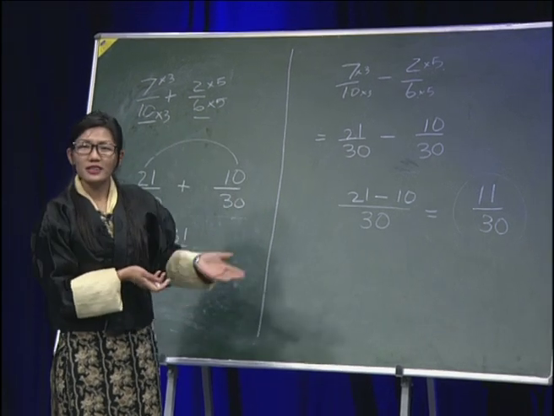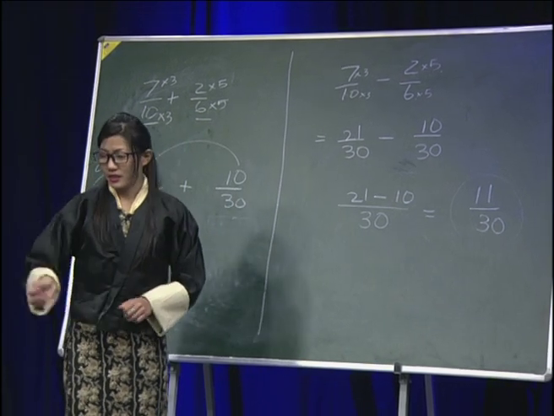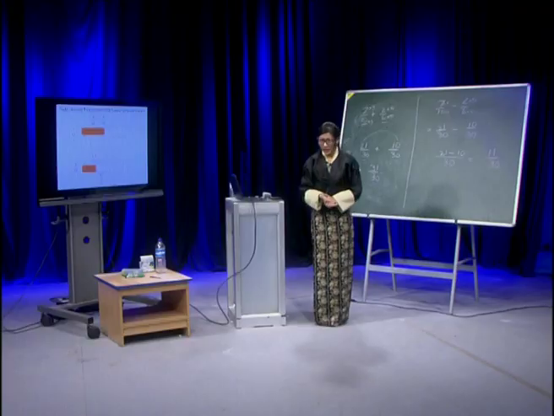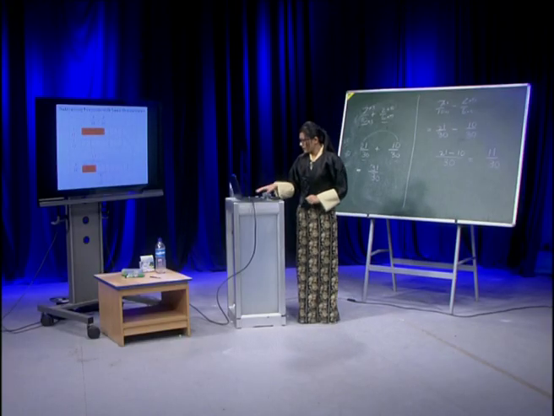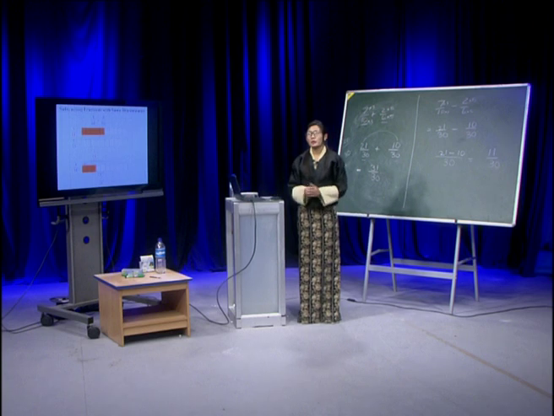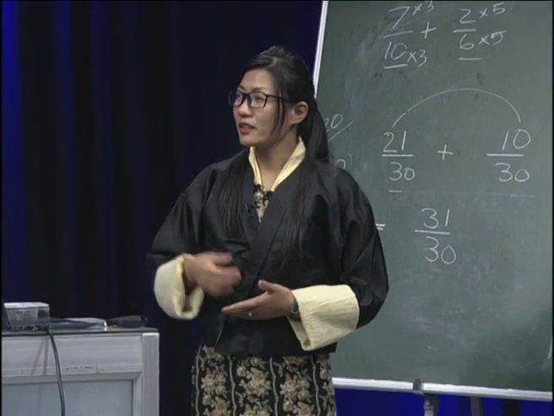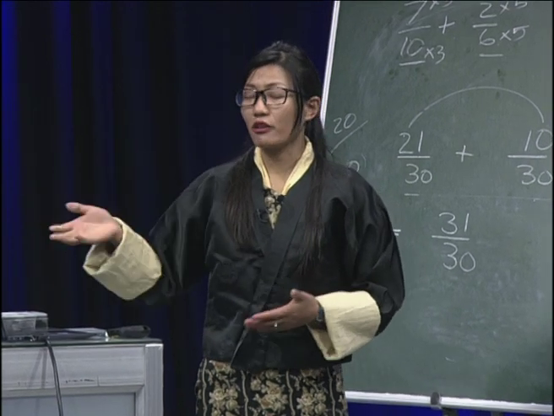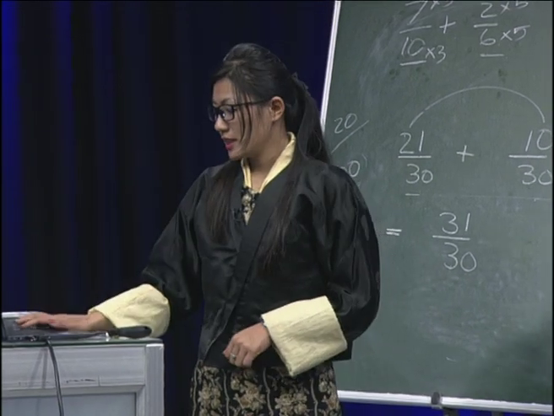Did you understand this lesson clearly? Okay, if you have, then there are some questions that I would request you to try at home, in order to check if you have understood today's lesson on fraction computation.